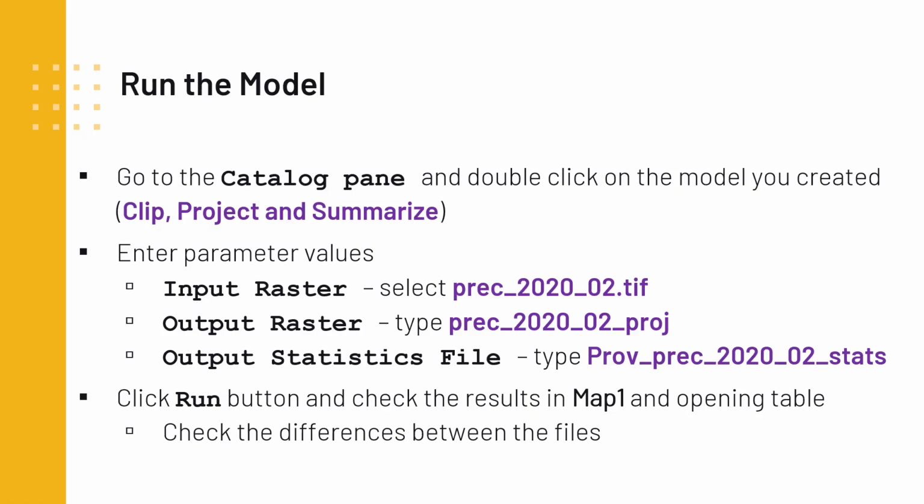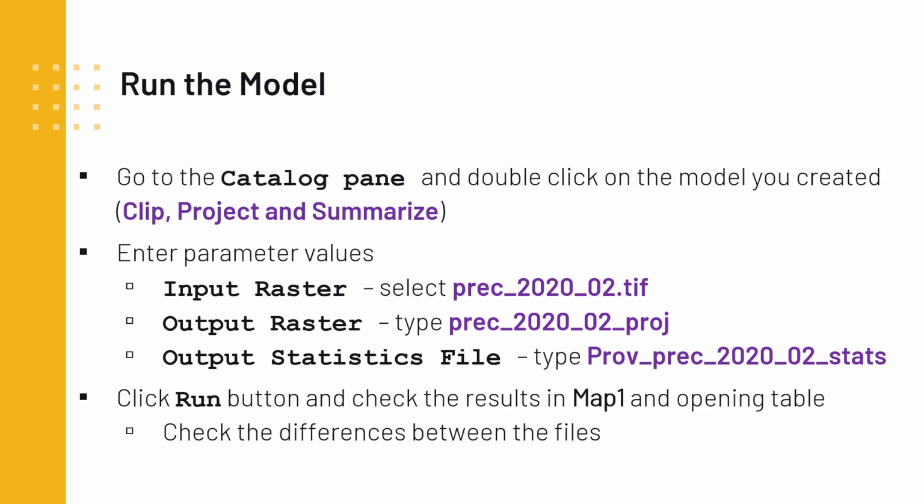Okay, so when you do that, you should notice that we have 3 parameter values that we can enter. So our input raster, this time I'd like you to select the second TIFF file in our list, which is the PREC_2020_02.TIFF. For the output raster, I'd like you to type in PREC_2020_02_proj.